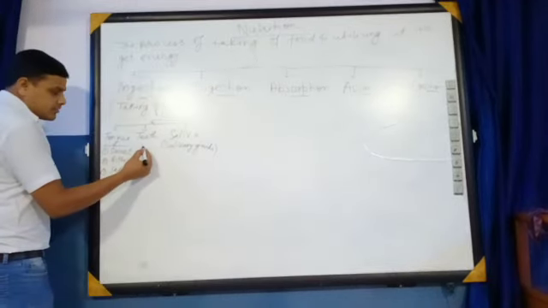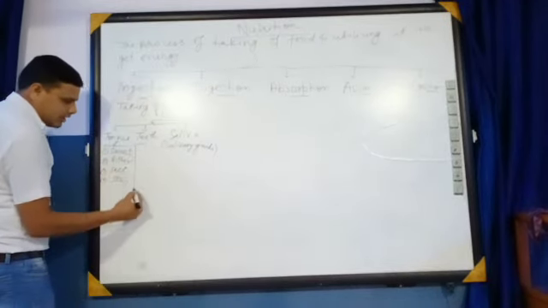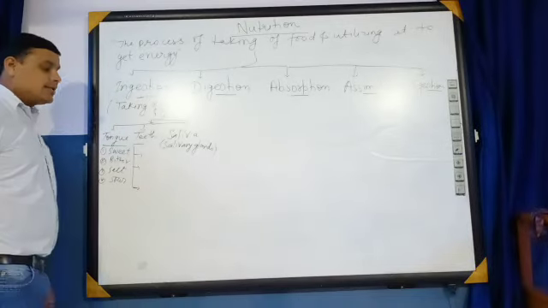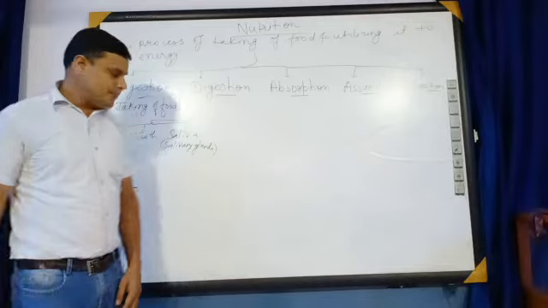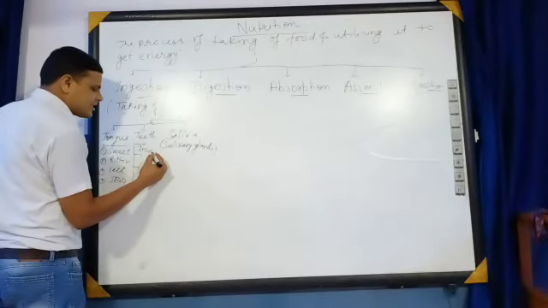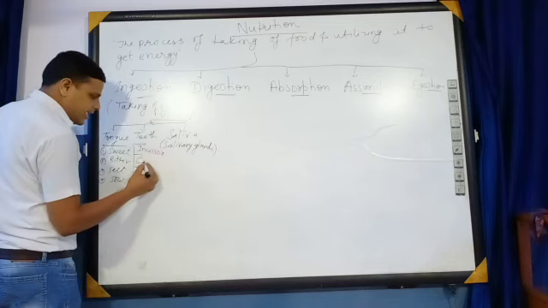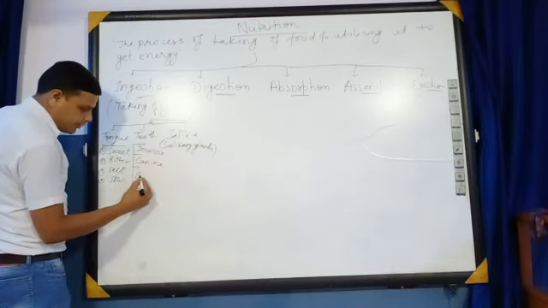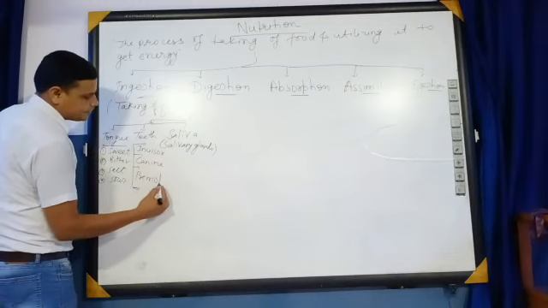In junior classes, maybe you have learned that there are 4 kinds of teeth. First kind is known as incisor. Second, canine. Third, premolar.